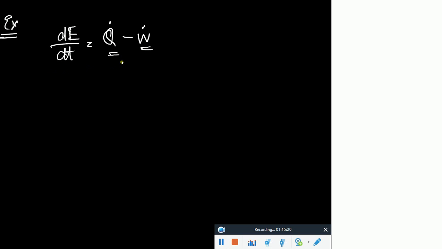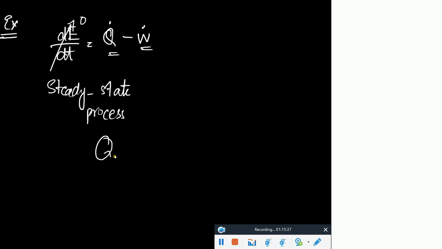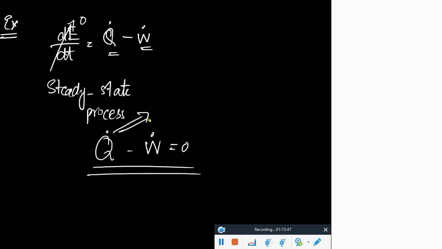Energy is a property, right? So this is going to be 0 because we are talking about steady state processes. So you can say we have Q dot minus W dot equals 0, right?